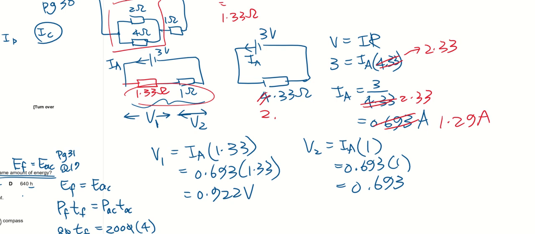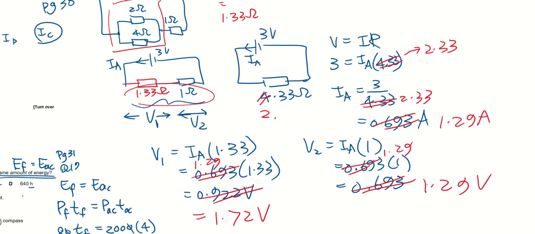So now I have to redo everything here. The current here is no longer 0.693, it's 1.29. Therefore, V1 is 1.72 volts. V2 is 1.29 multiplied by 1, I'll get 1.29 volts.